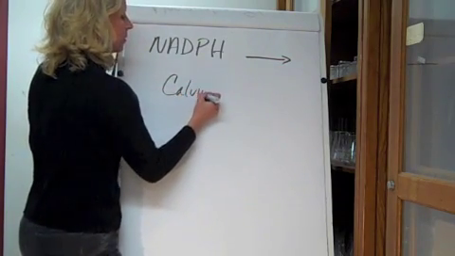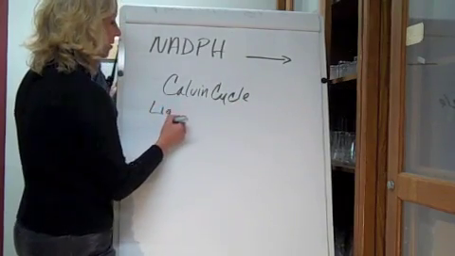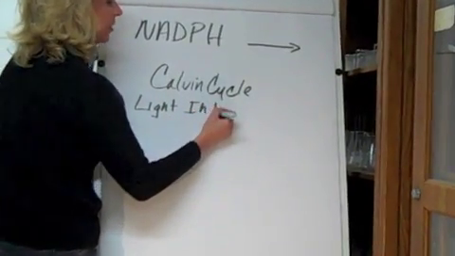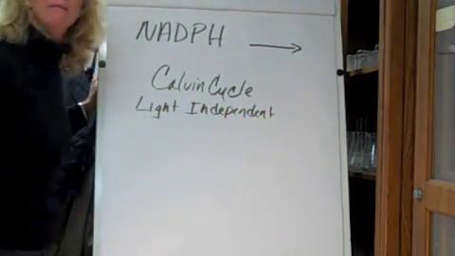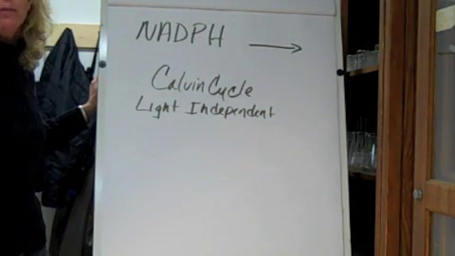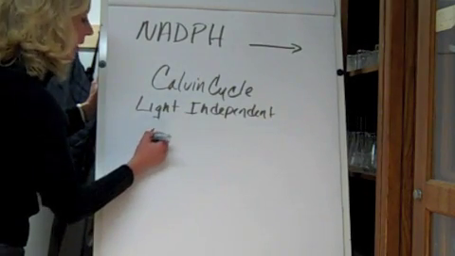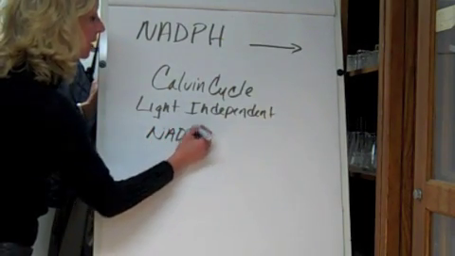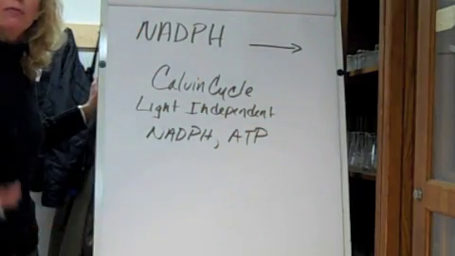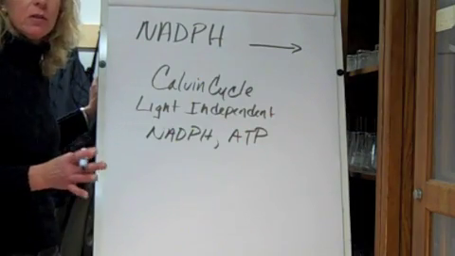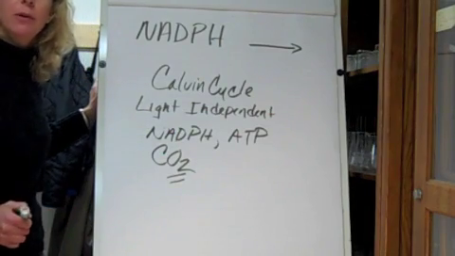Calvin cycle is also known as the light independent reaction. Some people call it the dark reaction, but that's kind of a misnomer. It just doesn't require light, but it does require the products of the light reaction. So it requires some NADPH, and it requires some ATP, and we left one thing out all along since the start of this, and that was CO2, the carbon dioxide that the plant takes in.